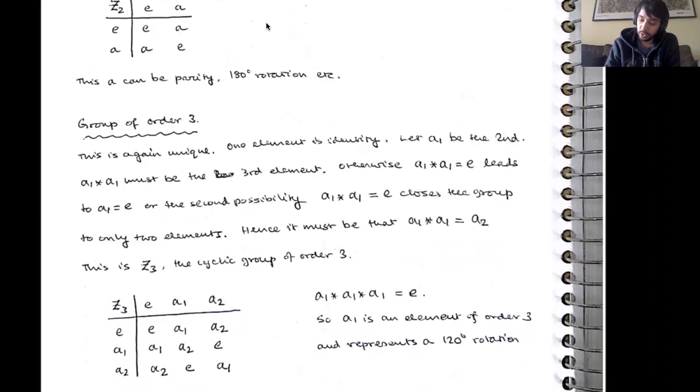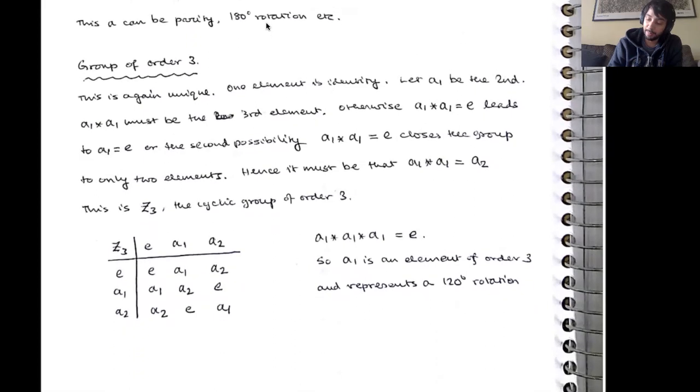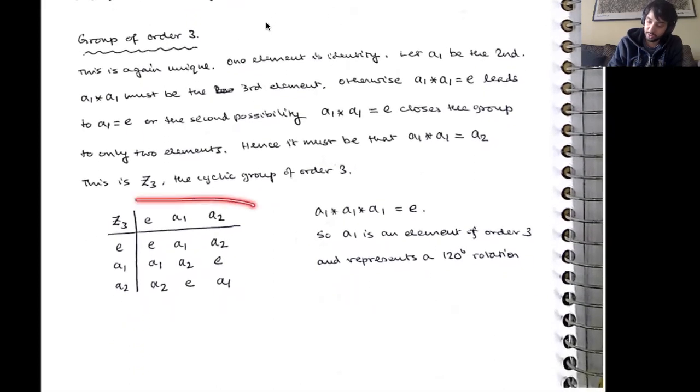E with all of these is obviously fixed. Now A1 cross E is A1, A1 cross A1 is A2, and A1 cross A2 has to be equal to E. That's the only way this is going to close. So this is the group table that you're going to draw here.